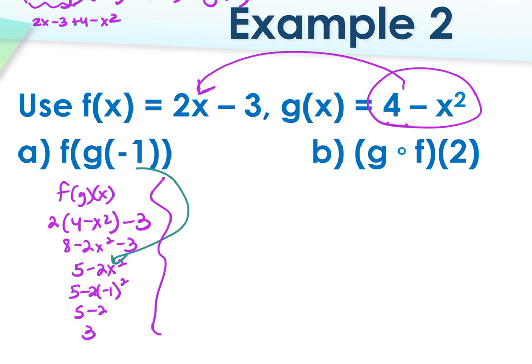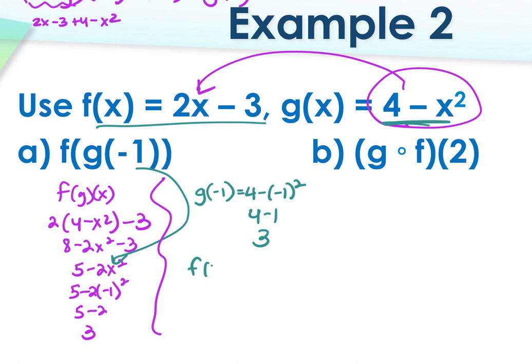I would do the second method. The second method is first find g of -1. So go into g and plug in the -1. And then take that answer and plug it into the f.